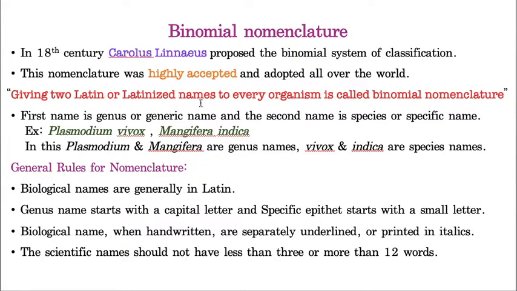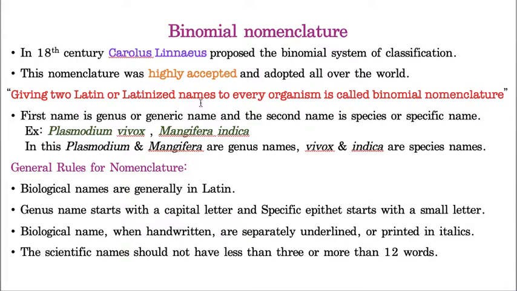According to the rules framed under binomial nomenclature, by strictly following those rules only, we should give a name to any living organism. The first and very important rule of binomial nomenclature is that any scientist, whether he belongs to America, Australia, Europe or India, whatever the organism he identifies, if he identifies any new organism, has to give the name only in the Latin language.